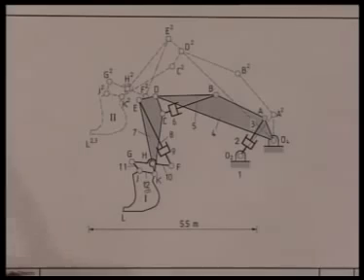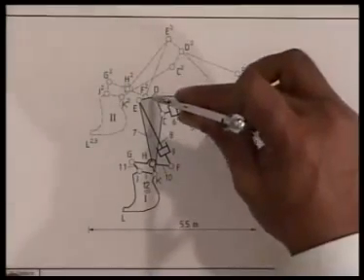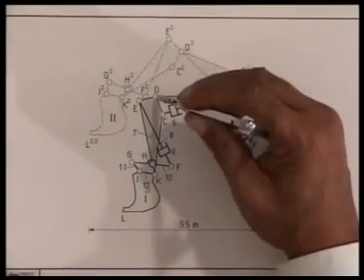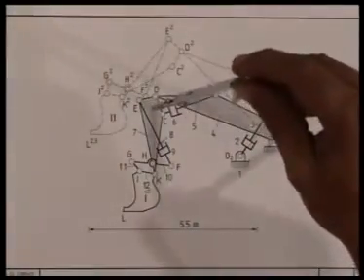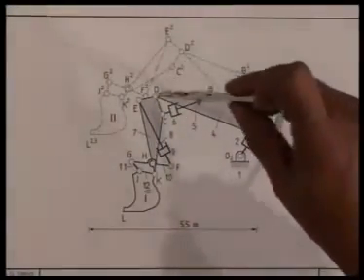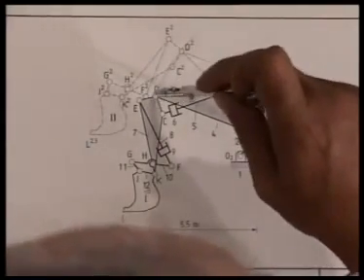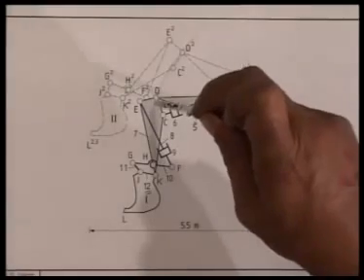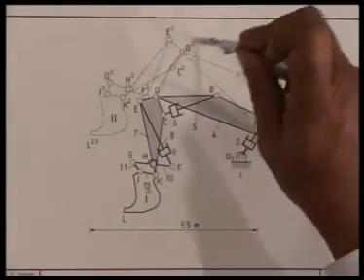To solve this problem, first we note that the point D, because O4D never changes and O4 is a fixed point, must move on this circle with O4 as center and O4D as radius.